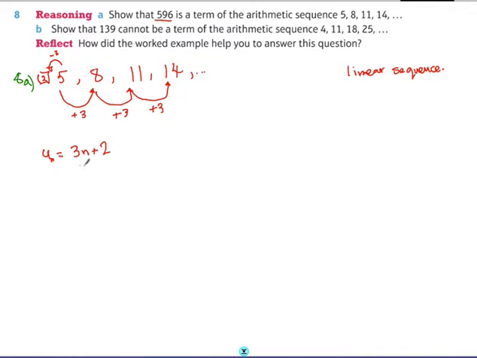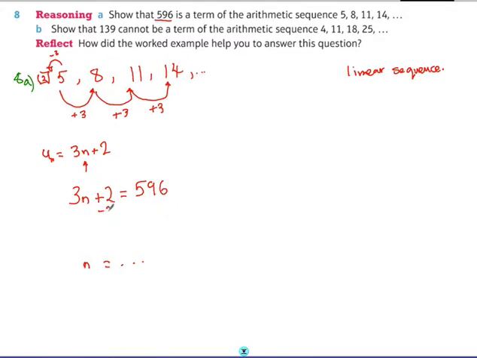And we need to find the term number, or the position in the sequence, of 596. If we equate 3n plus 2 to 596 and solve this for n, then if n is an integer, a whole number, that means 596 is part of the sequence.